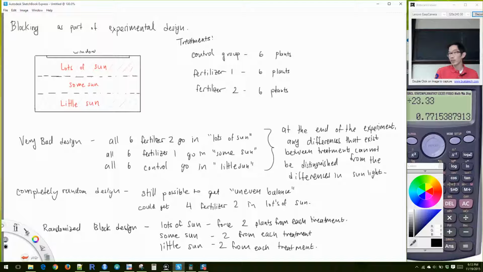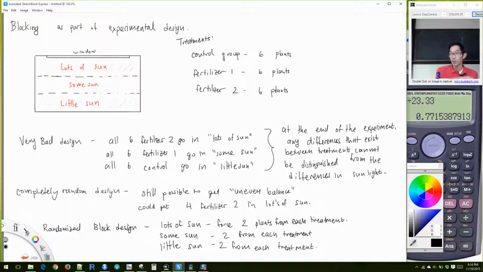But by making sure you have more than one in each treatment and each block, you can account for the variation. So if both of the plants under fertilizer 1 grew the most compared to the others in the lots of sun area, that's evidence that fertilizer 1 is effective.